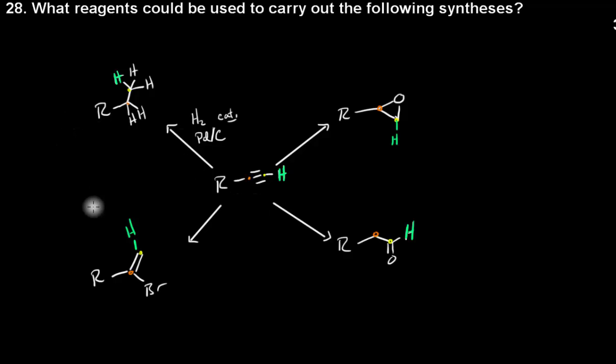Okay, so going back down to this question again. What we've tacked on is not just a bromine, but we've also tacked on another hydrogen. The reagent that you'll need is buried in this information. The reagent that we're going to end up using is HBr.